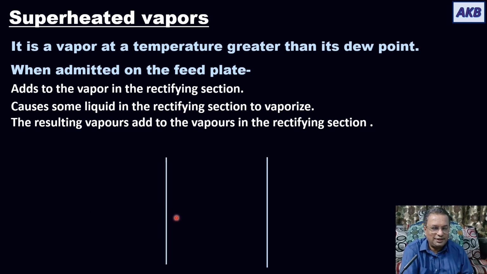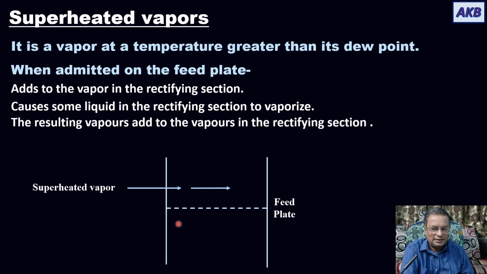You have the feed plate, and now superheated vapor is entering as the feed. This being vapor will be getting added to the vapor in the stripping section, and then the liquid will be coming from the top, and it will be going to the stripping section. This is L bar. Okay, then vapor will be rising from the stripping section. It is G bar. Then it will be going to the feed plate and then rising from the feed plate.